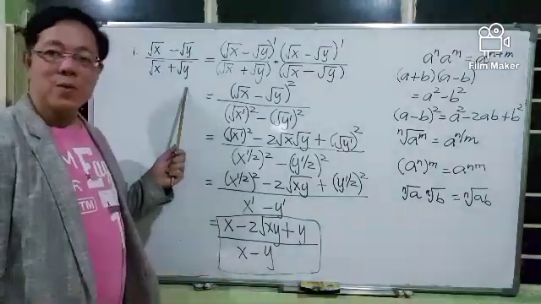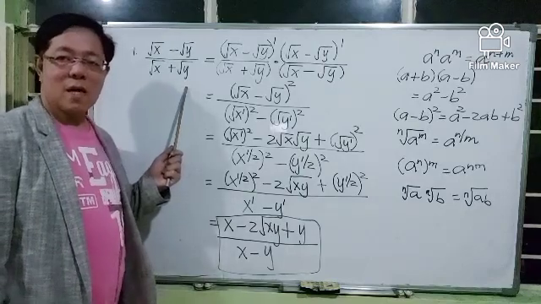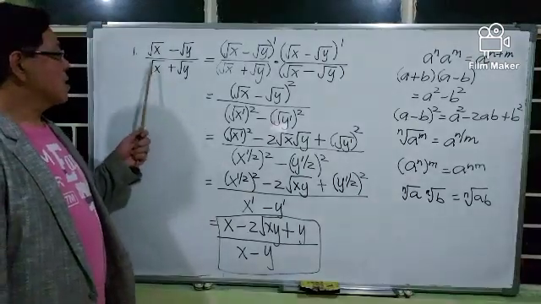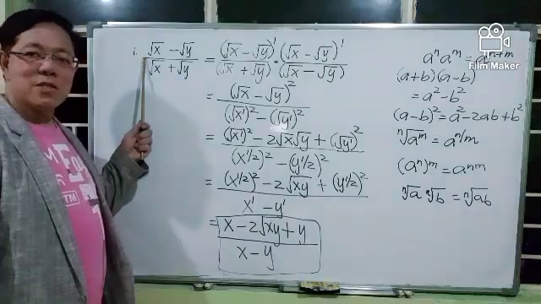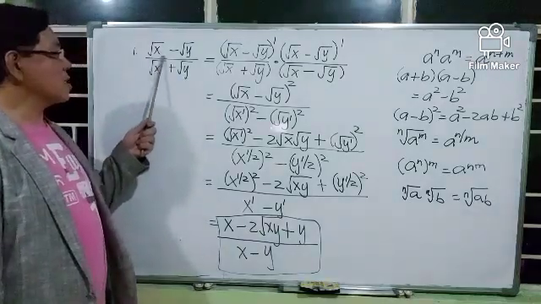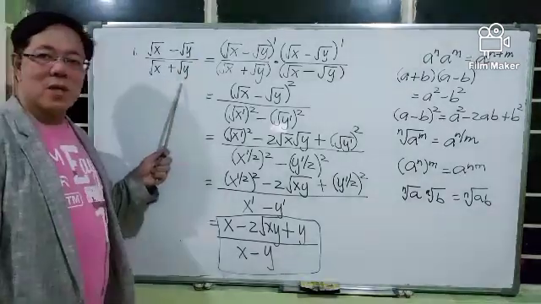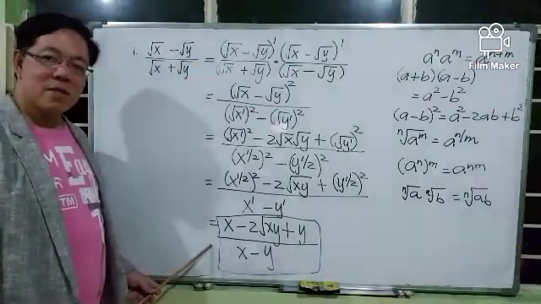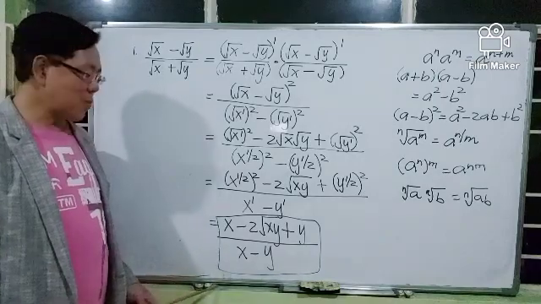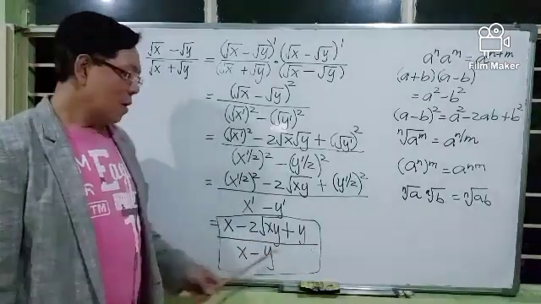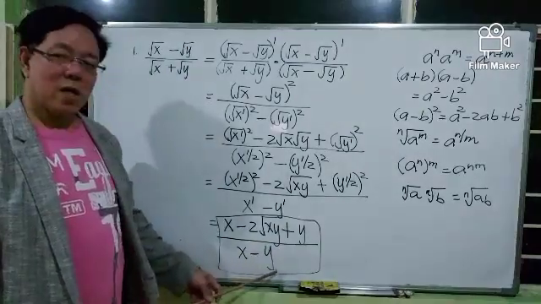Hence, we have removed the radical signs in the denominator, square root of x plus y. Now, this rational algebraic expression, square root of x minus square root of y all over square root of x plus square root of y, is the same as this rational algebraic expression, x minus 2 square root of xy plus y all over x minus y.